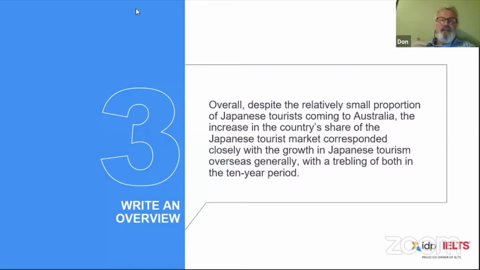Despite the relatively small proportion of Japanese tourists coming to Australia, the increase in the country's share of the Japanese tourist market corresponded closely with the growth in Japanese tourism overseas generally. You could say full stop and then make another sentence. It trebled in the 10-year period.